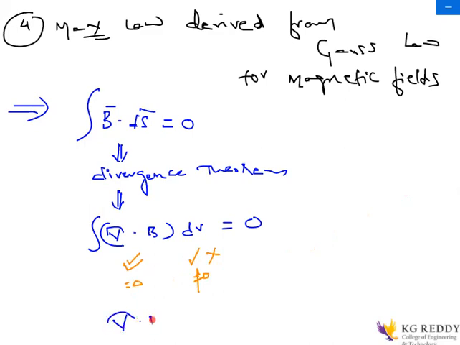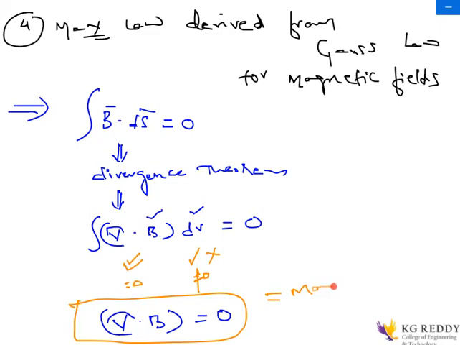From this equation it is clear that divergence of B is equal to 0. So this is Maxwell's fourth equation.